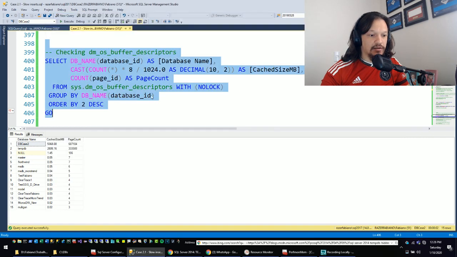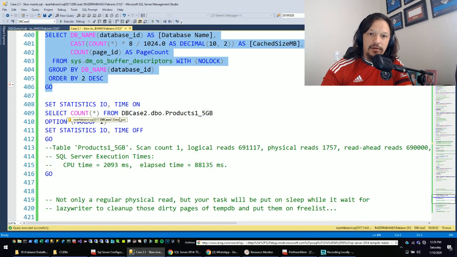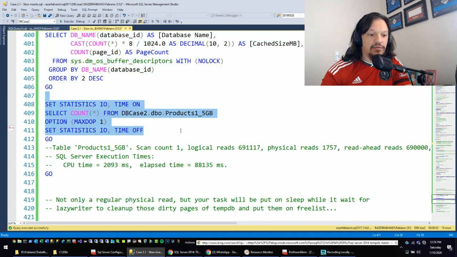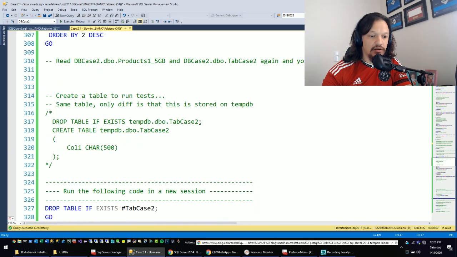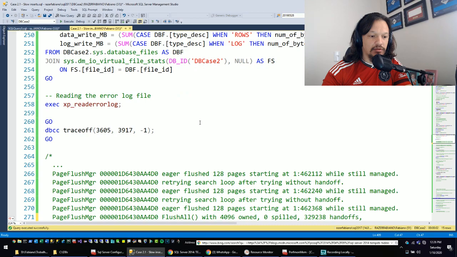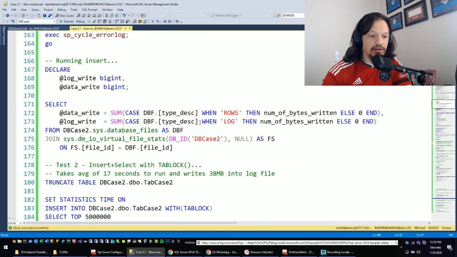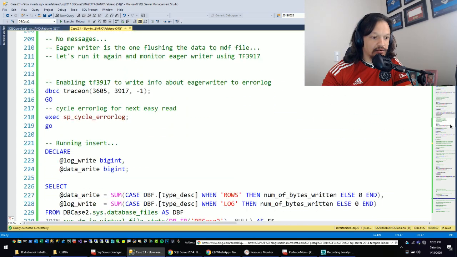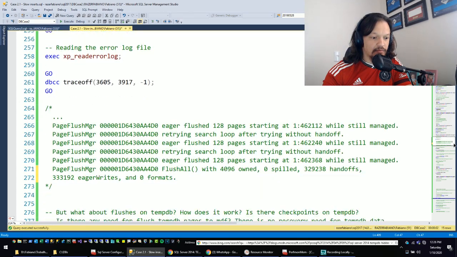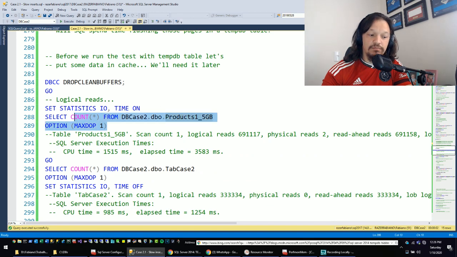Okay, and that probably means that if I run a select again on this table, which I did here somewhere, so hold on, my bad. Do you remember that I started by running DROPCLEANBUFFERS and then reading the table, and it did the physical reads.